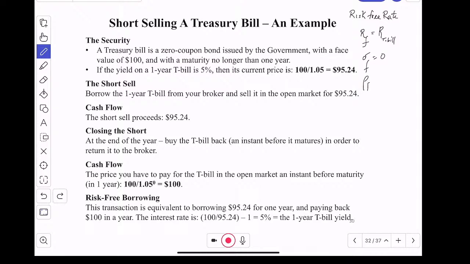The standard deviation is 0. So we assume that the standard deviation of volatility is 0, and in so doing, notice I don't put an expected return around this.